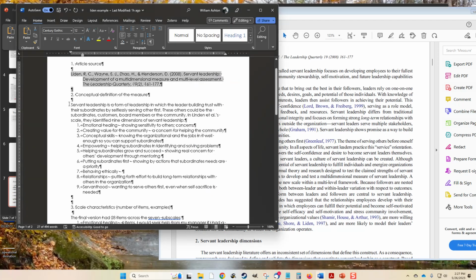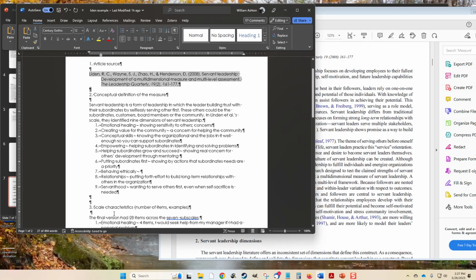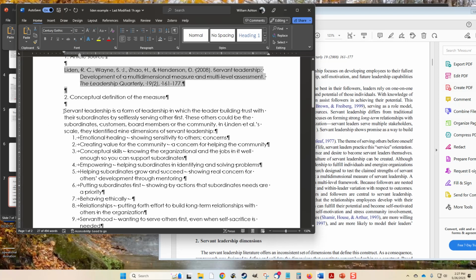So what I will do, I'm going to skip the slideshow. I'm going to say servant leadership is a form of leadership in which the leader builds trust with their subordinates by selflessly serving others first.